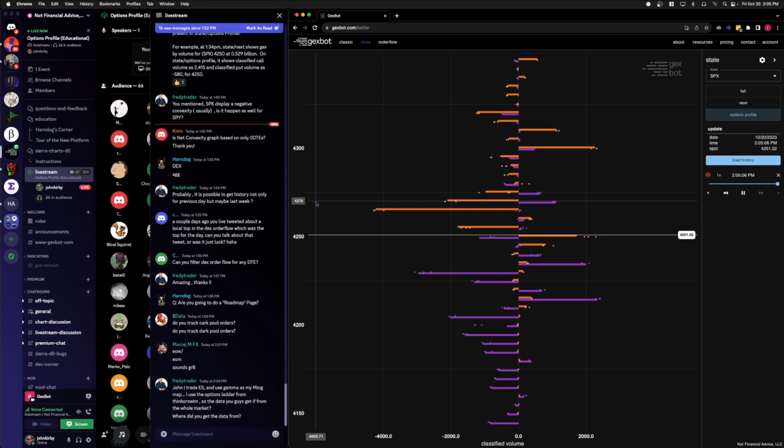So our data is not from Thinkorswim. We have a provider. I don't know if I want to disclose our specific provider, but it's basically an API WebSocket, so we're getting all the data every single millisecond.